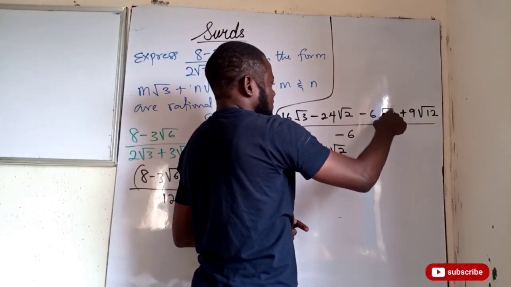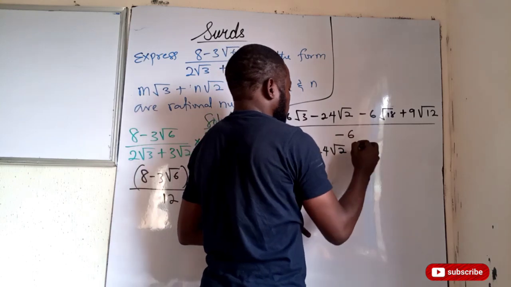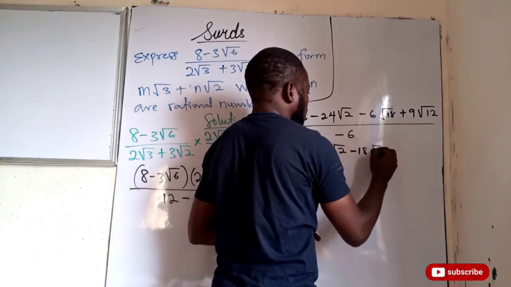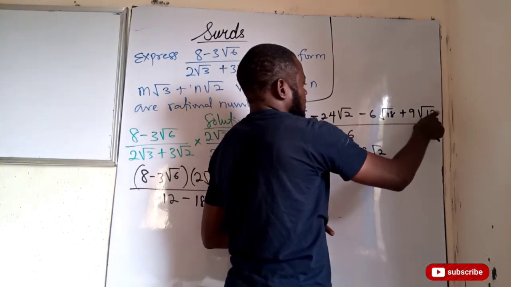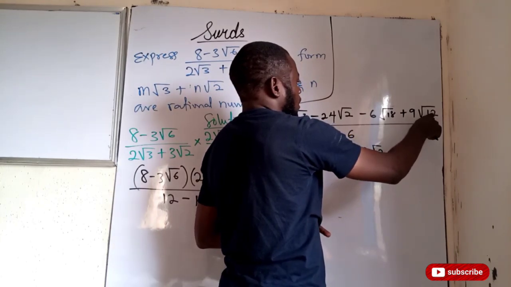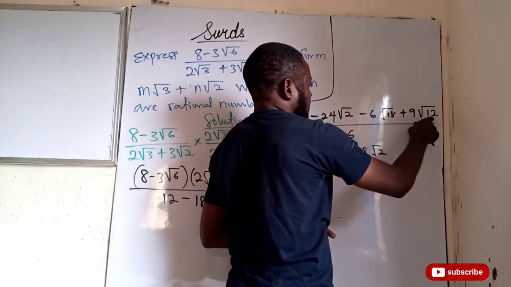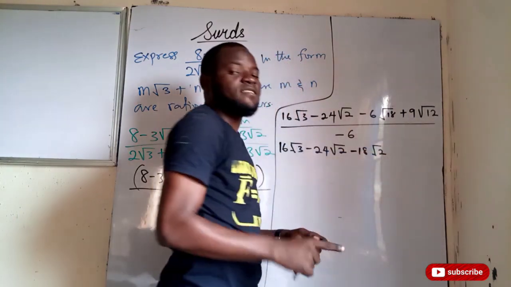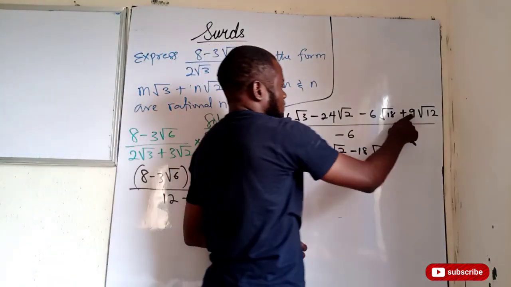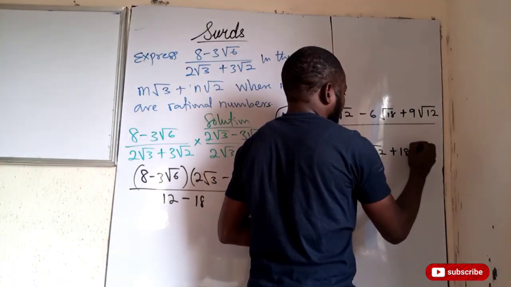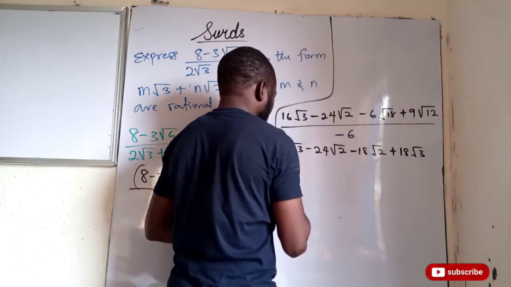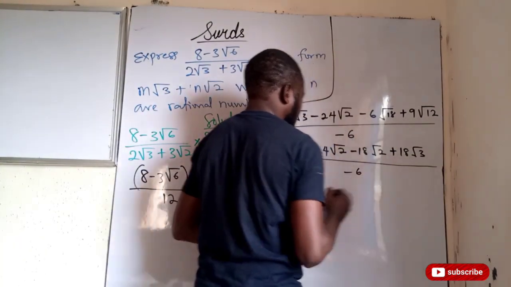Root 18 is the same thing as 3 root 2. This times this will give us negative 18 root 2. And root 12 is the same thing as 2 root 3. So times 9, that's 18. 18 root 3 divided by negative 6.